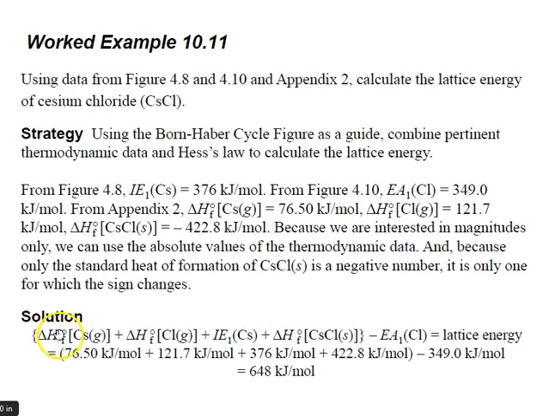So we have the standard enthalpy of formation of these two values, 76.5, and the chlorine gas, 121.7. We have the ionization energy, 376, and then we have the cesium chloride, 422.8.